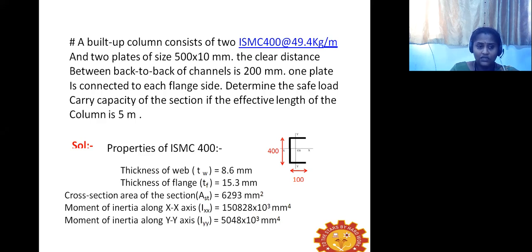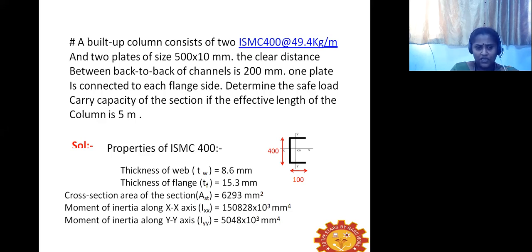In particular, what is a built-up column? We are going to choose a column section. Instead of choosing one column section, we can choose two sections also, and they can be connected together with the help of plate sections. The complete setup is called a built-up column.